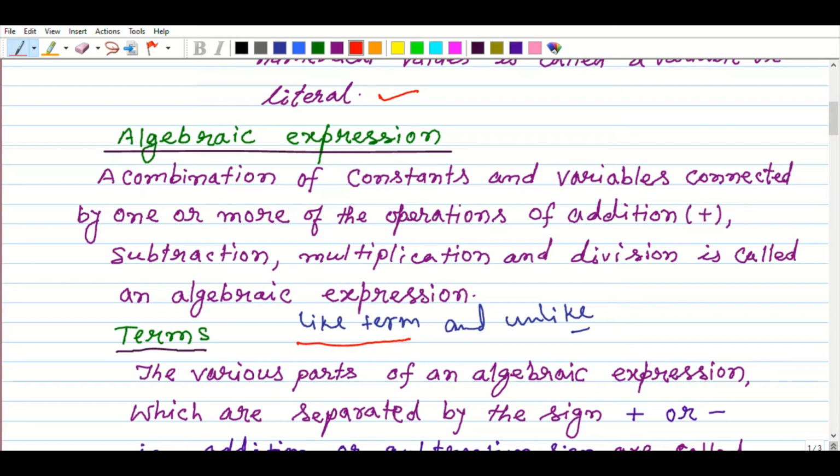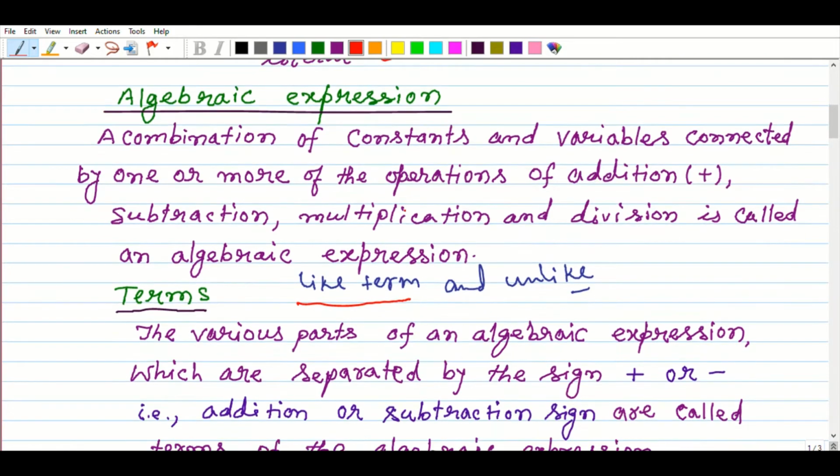Unlike terms, add but put the plus sign, subtracted, put the subtraction sign, right? I hope that my learners very well understand the things which I have explained.